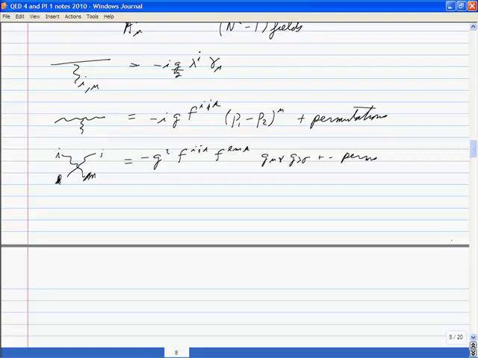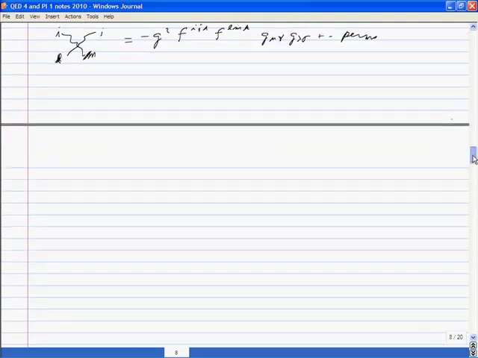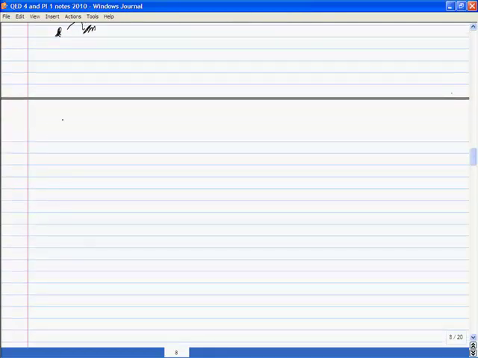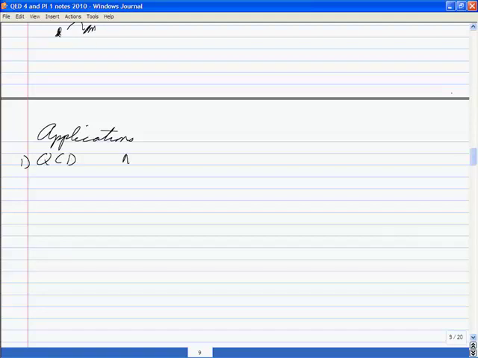Okay, so Yang-Mills has these contents. In doing this, the two typical applications that one has: one is QCD, in which case n is equal to 3.